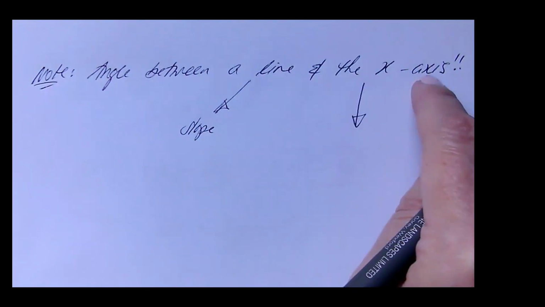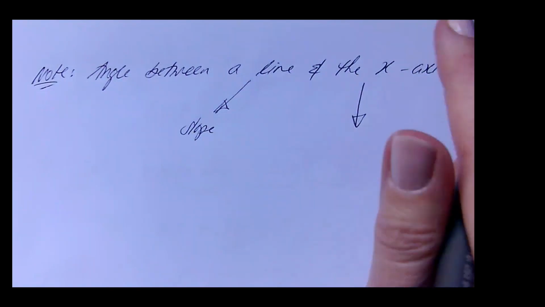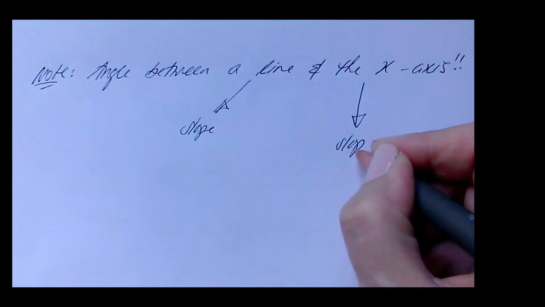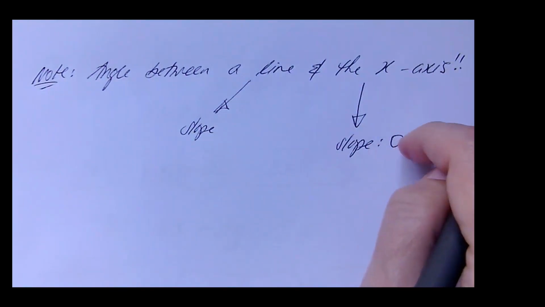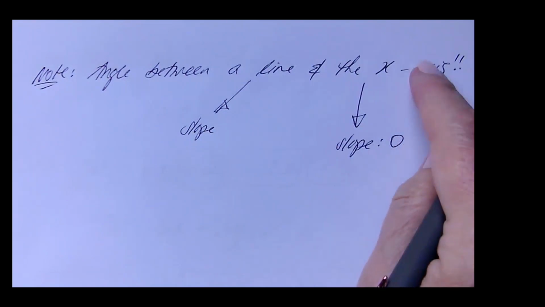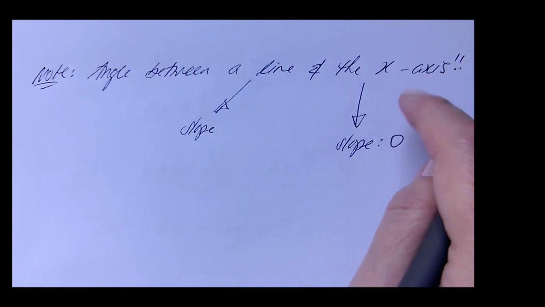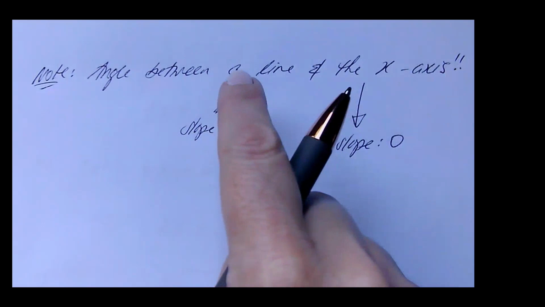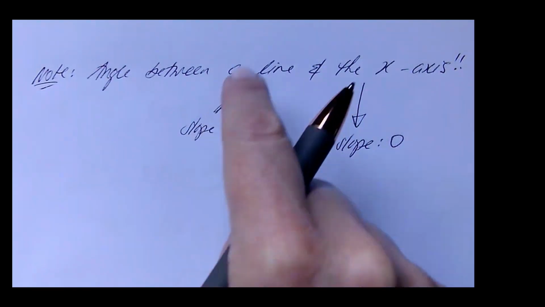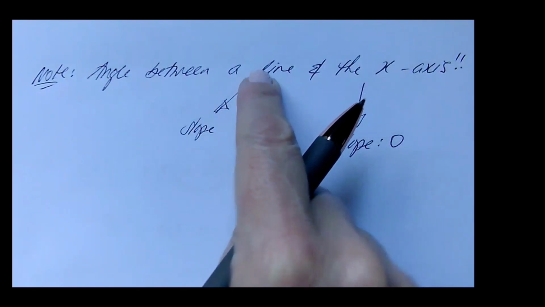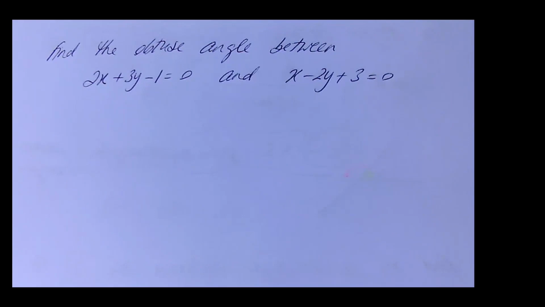The x-axis is a horizontal flat line, which means the slope of the x-axis would be 0, and you would input it as such. So just watch out for that. If you're looking for angles between a line and the x-axis, then the slope of the x-axis would be 0. And the other piece of information you're going to need for that formula is the slope of the line in question. Okay, let's have a look at this question.